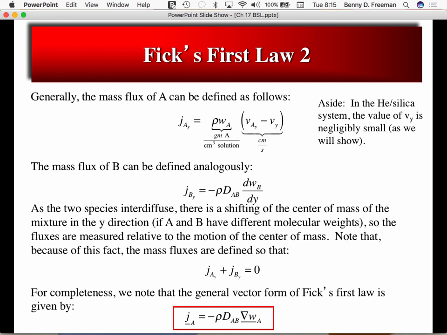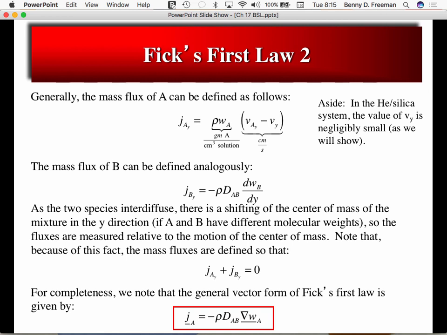Another way to think about it is if you have dye in water flowing down a pipe, and let's say you're near the center of the pipe where the velocity profile is almost constant in a radial direction, and you start to measure or track the diffusion of dye into the water surrounding it.